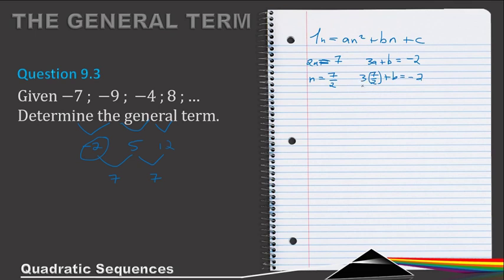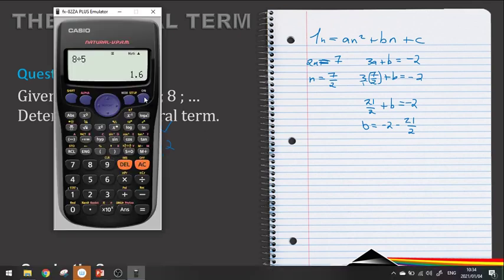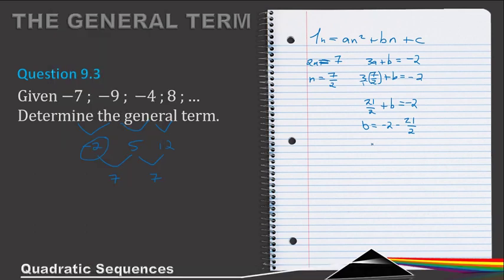Let's simplify this first. 3 times 7, because remember this is 3/1, 3 times 7 is 21/2 plus b is equal to -2. So b is equal to -2 minus 21/2. All right, so let's just put that into the calculator just to be safe. -2 minus 21/2. So that's -25/2.